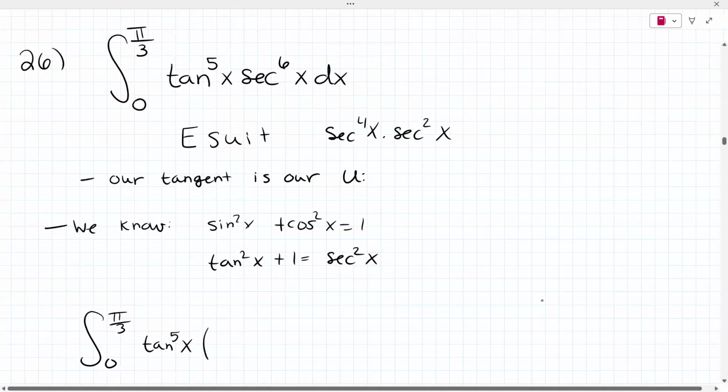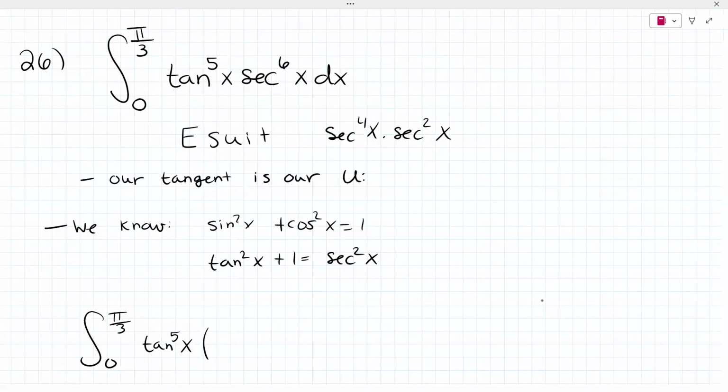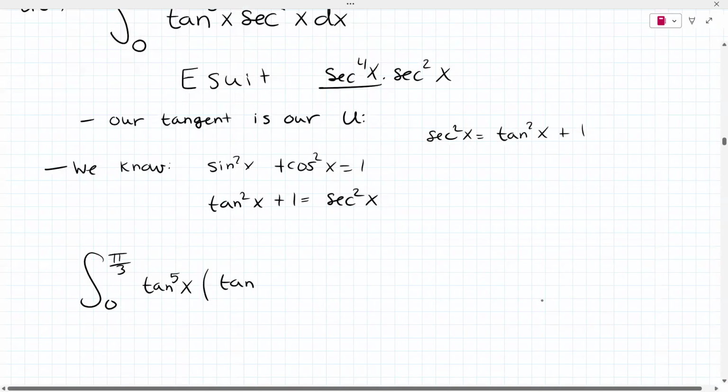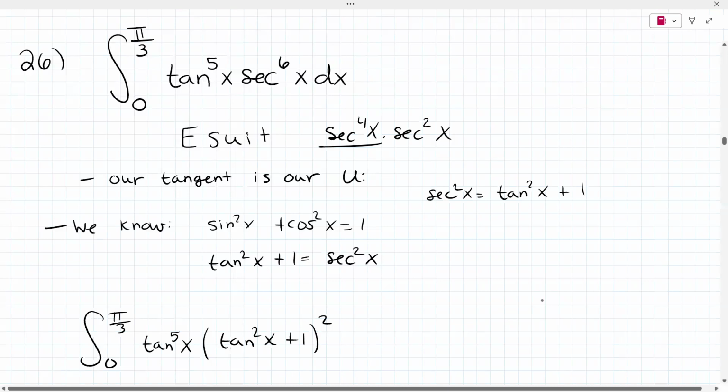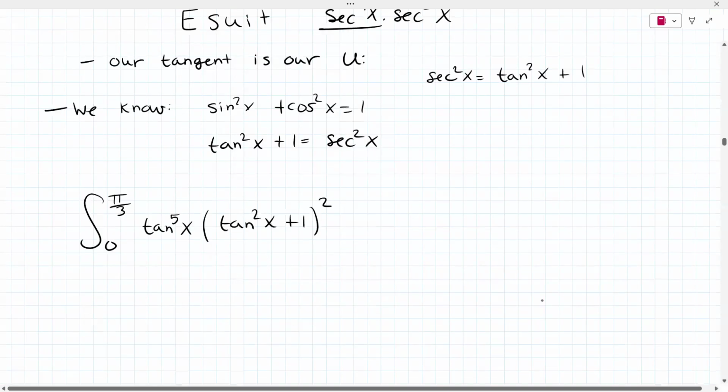And we know that secant squared of x is tan squared of x plus 1. So over here we have 4 of them, so we can just rewrite that as tan squared of x plus 1, squared, times secant squared of x.